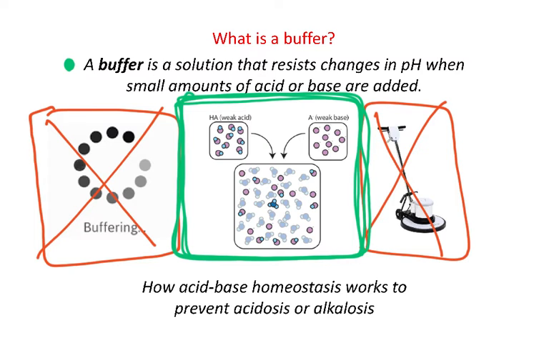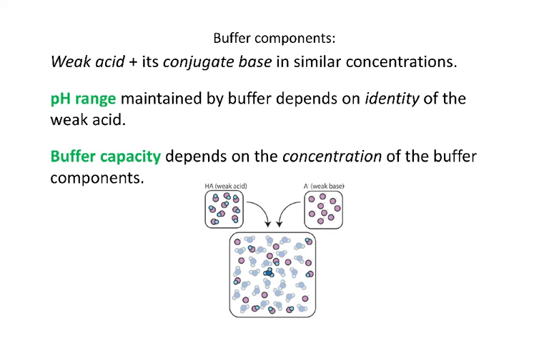Okay, so the components of a buffer are a weak acid and its conjugate base in similar concentrations. Okay, they don't have to be the same, but order of magnitude similar, not like one is 100 times more than the other. They're about the same. Now remember what a weak acid and conjugate base are. Right?